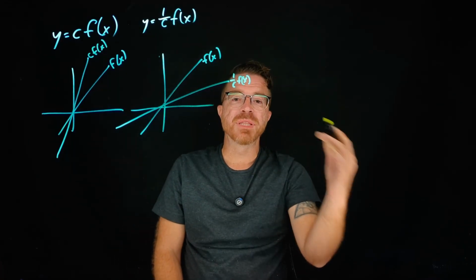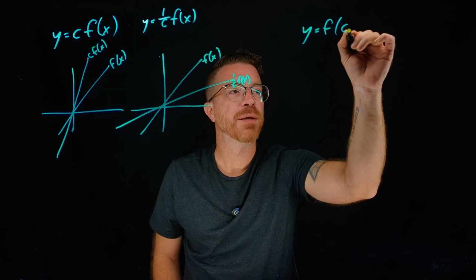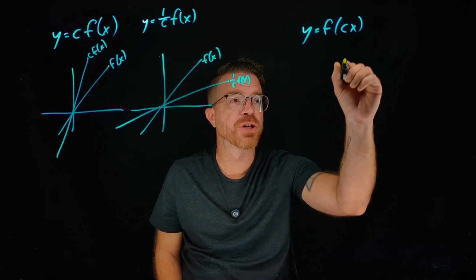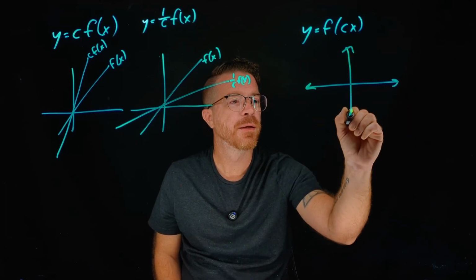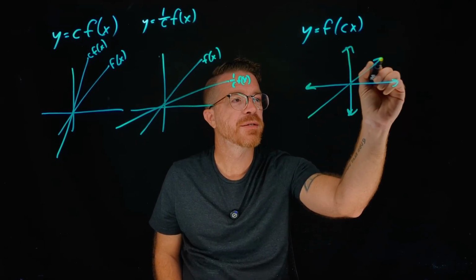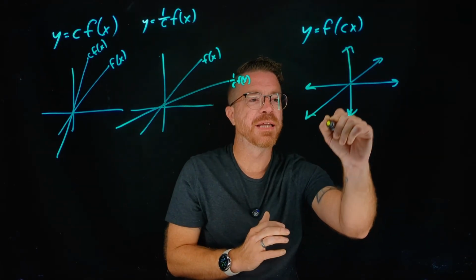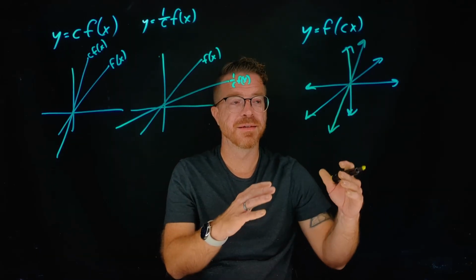What about if we have something within the function? So if we have y equals f of something multiplied by every x value, there's going to be horizontal compression, meaning that if I have my x and y axes, and some f of x, what's happening is it's taking this and compressing it in, meaning that it's going to be further from the horizontal axis.